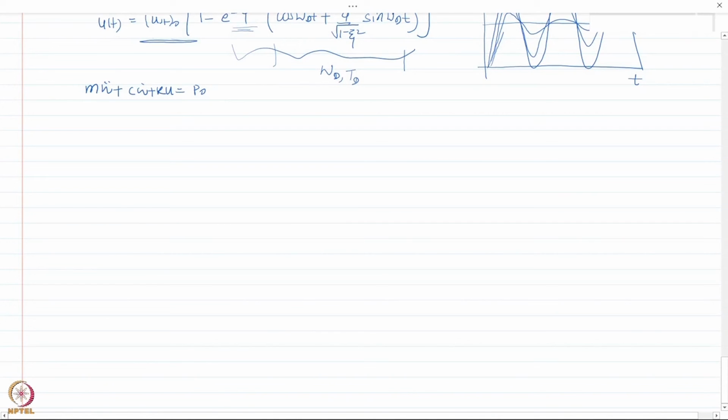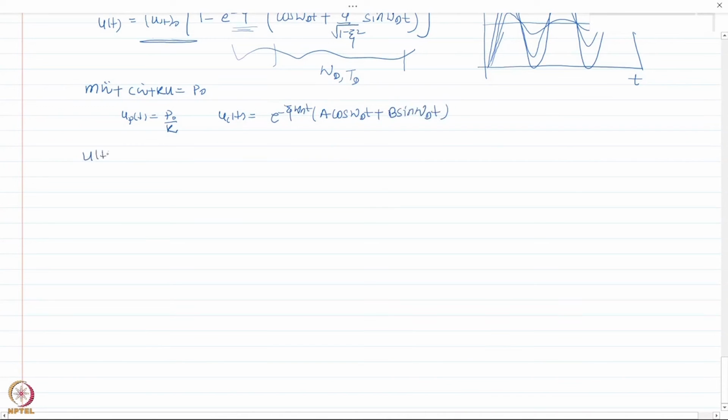If you remember, the particular solution we write as p naught by k here, and the complementary solution we write as e to the power minus zeta omega n t times (a cos omega d t plus b sin omega d t).